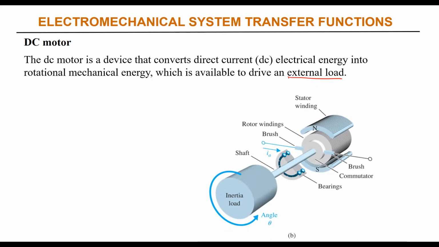So basically, if I have two magnets that interact with each other, then I can have a motion. So I need two magnets. The first magnet, let me put it in what we call the stator. And this is the stator, the stationary part of the motor.